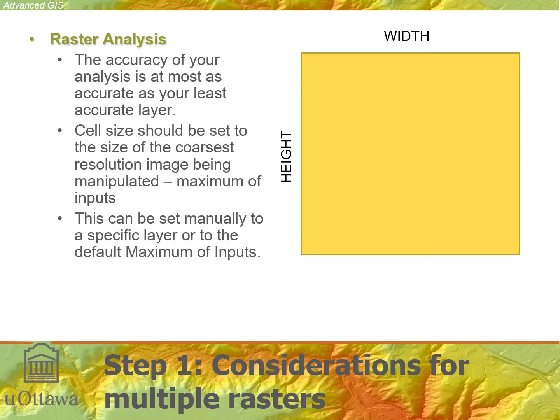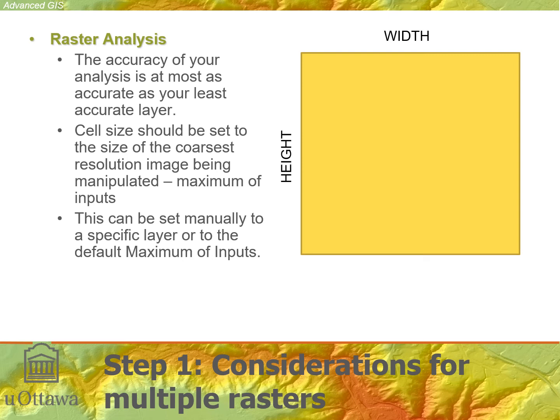Now, in terms of cell size, the general rule is that the accuracy of your analysis when you analyze data with different cell size is at most as accurate as your least accurate layer, spatially speaking. So spatially here, least accurate means the accuracy of position.